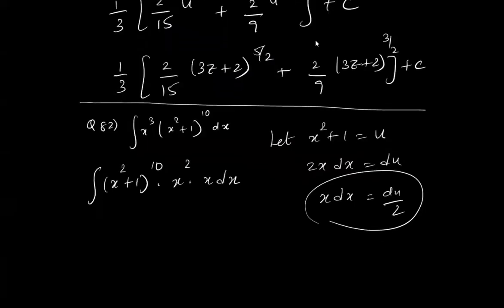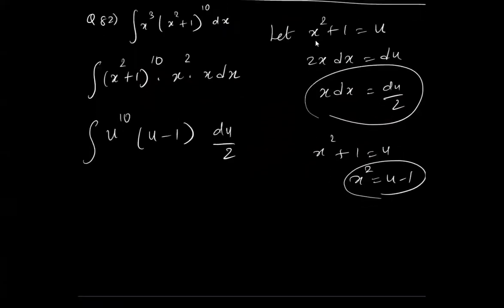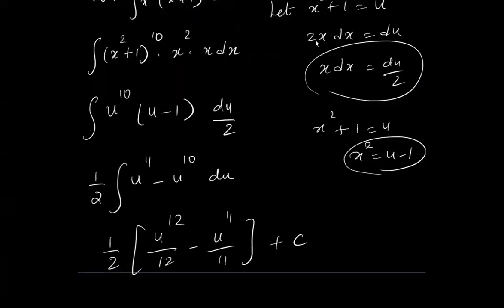But what about the x squared? Now the x squared can be written as u minus 1. So now what happens to my problem? U to the power of 10 times u minus 1 times du over 2. So the 1/2 can go out, distributed: u to the power of 11 minus u to the power of 10 du, which is u to the power of 12 over 12 minus u to the power of 11 over 11 plus c.